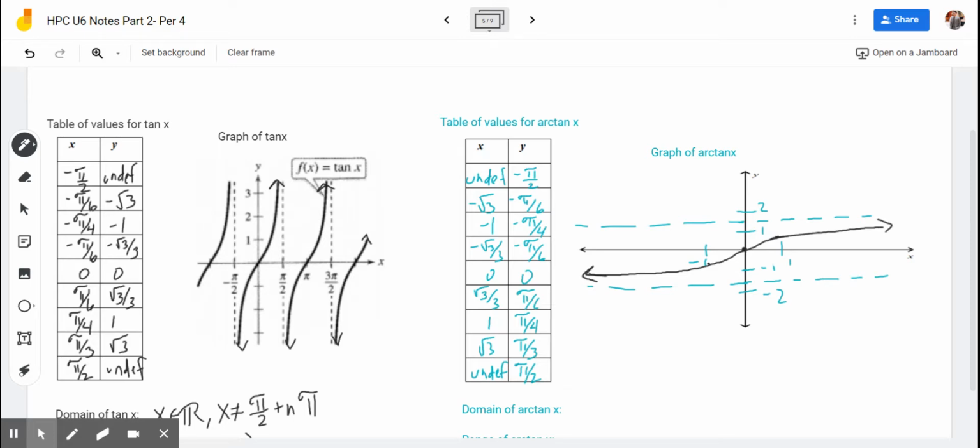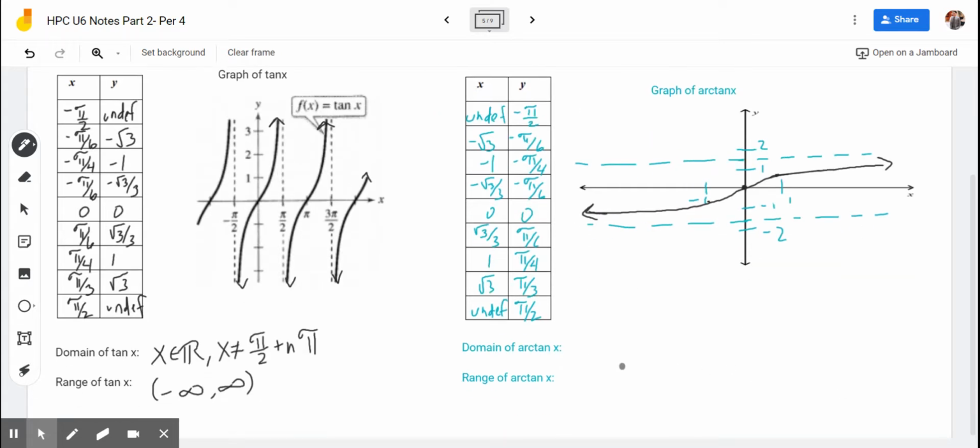Our domain for arctan, we could plug in any number we want. It's going to be negative infinity to infinity, but our range is going to be limited to negative pi over 2 to pi over 2, with open parentheses on both.